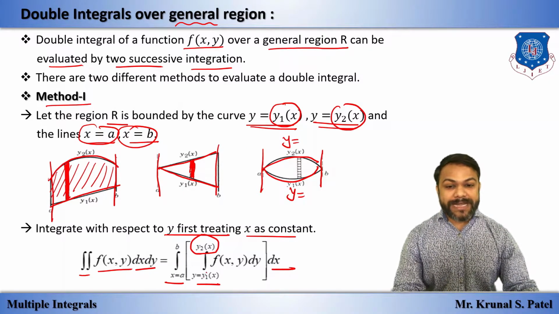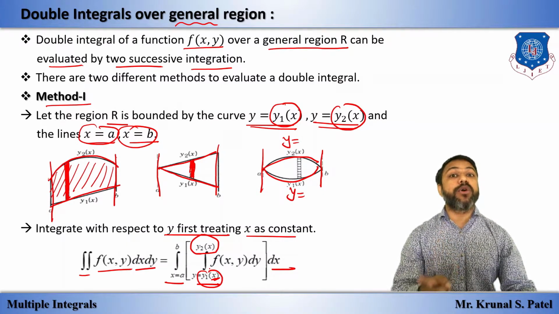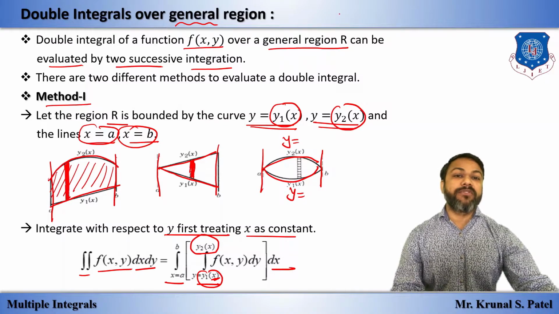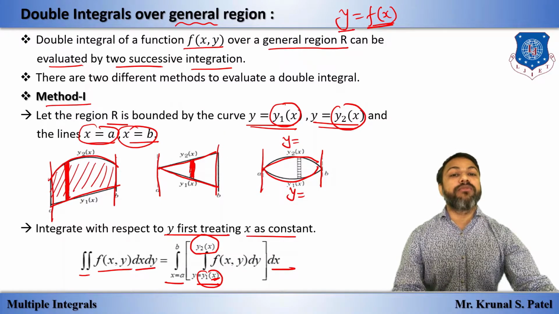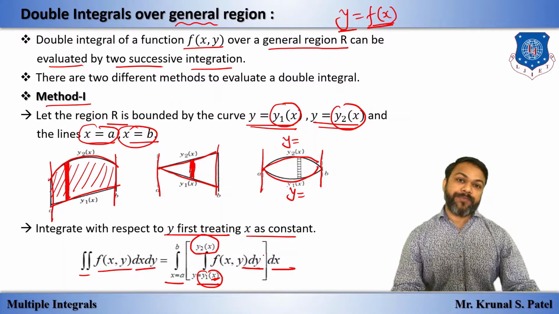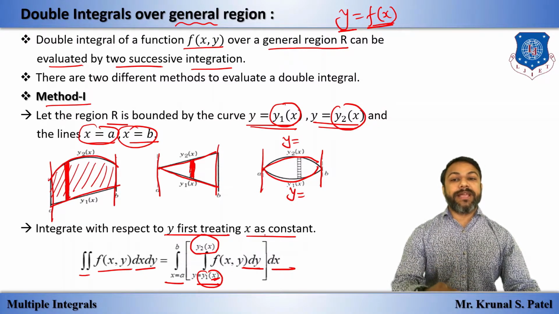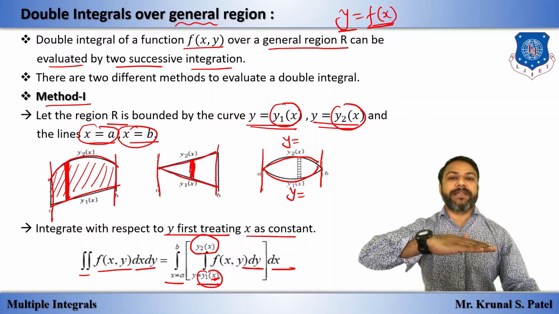If the inside limit is in the form of x, that means it is a limit of y, because we always write y is equal to f of x. It is in terms of x, but it is a limit of y. Then we integrate with respect to y first. In the same way, we have method number 2. In that method, we will use a horizontal strip.